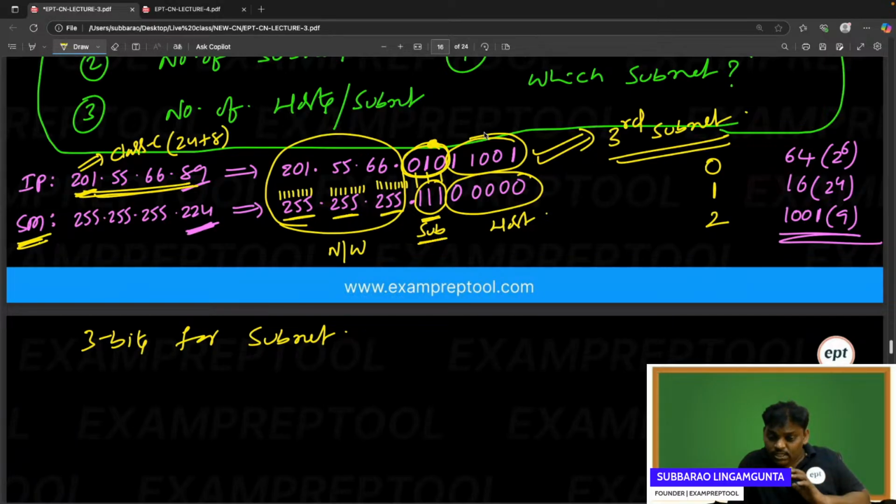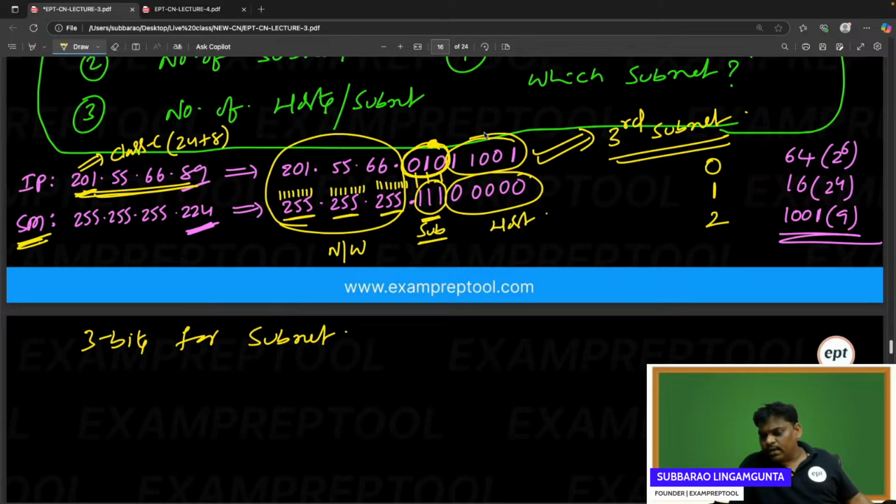Host number, just observe clearly. Network area all ones, that's okay. Observe the subnet mask. 24 bits for the network because of class C. In the subnet mask, after 24 bits are over, still some ones are there. That is the subnet, subnet purpose 3 bits.